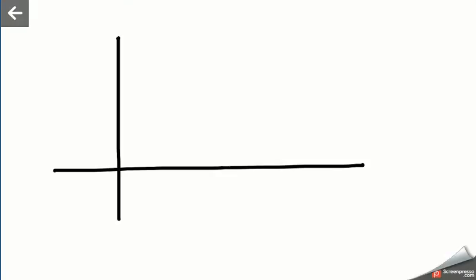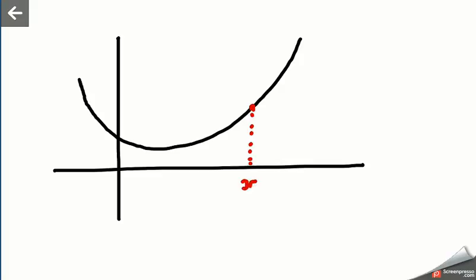So let me write that out again. If I have a function, I'll draw it slightly differently this time. Maybe it looks like this. And let's suppose that our point x is here. So this is x. This is y of x.